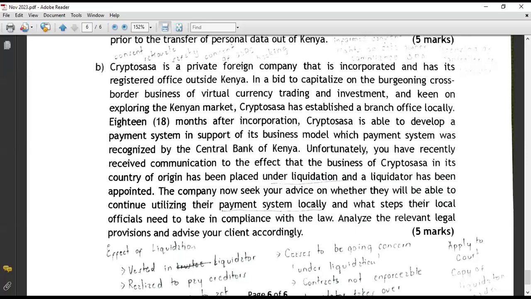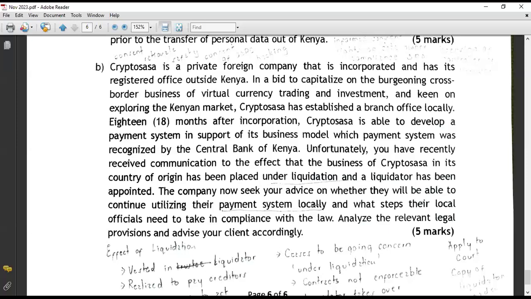Kate, what do you think? Do you agree with Helen or do you disagree? I disagree. Reason being, CryptoSasa is a private foreign company, and it has a branch office locally.